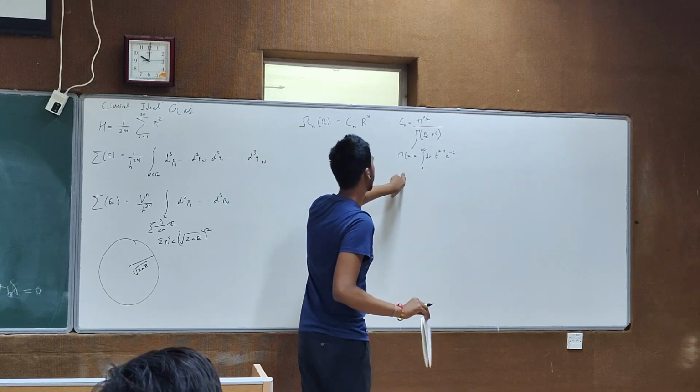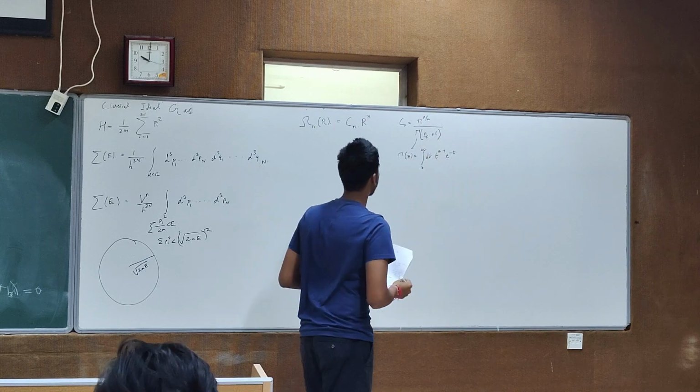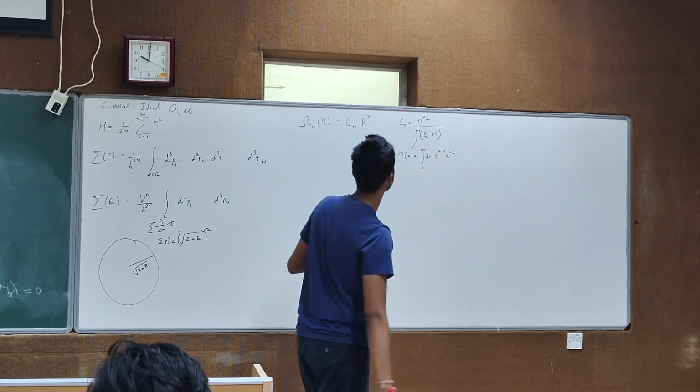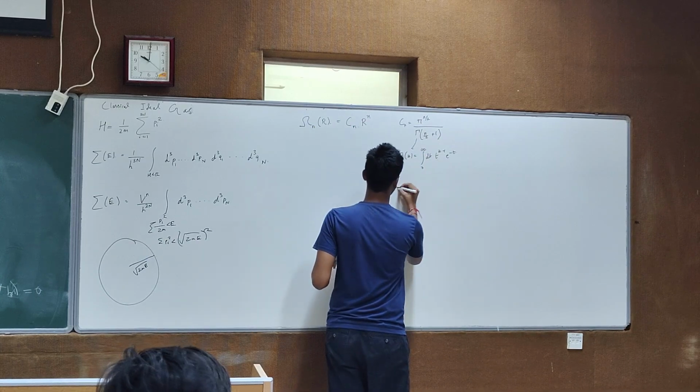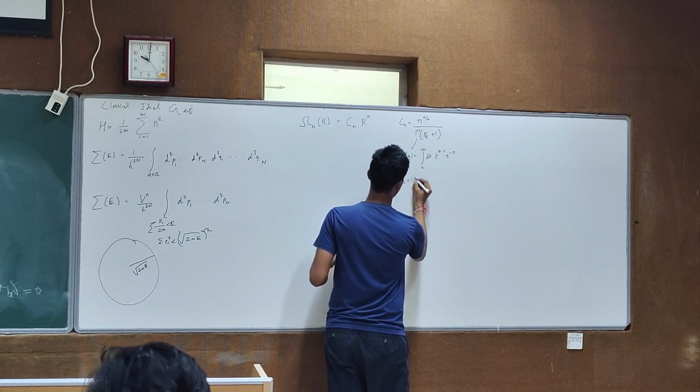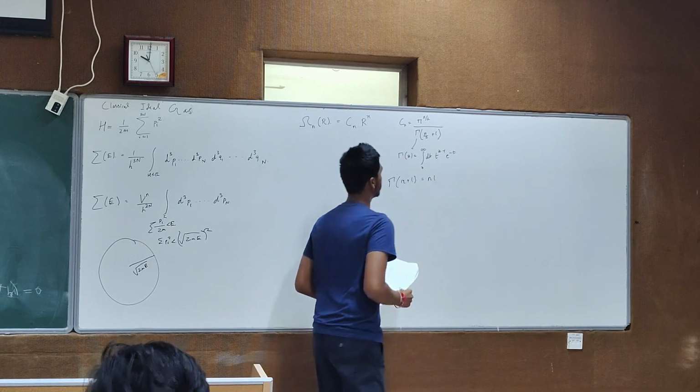And for integers, gamma of n plus 1 is equal to n factorial.